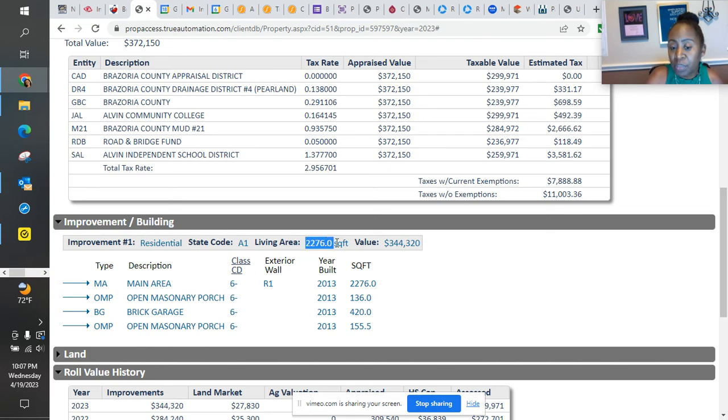When you look up the address, you want to see if they're similar in size, similar in age, like I mentioned before, and then see what the values are for that particular home. And if there's a significant difference, you can use those statistics, that information, as a basis to protest your taxes with the county.